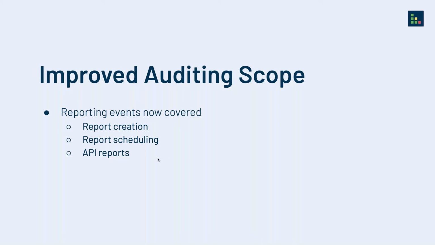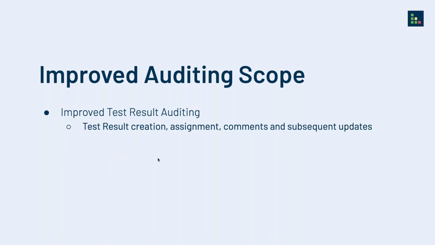As I already mentioned, we made a number of improvements generally to the scope of the auditing. So the creation of reports, report scheduling, and any reports that are triggered via the API are now also captured by the audit logging capability.